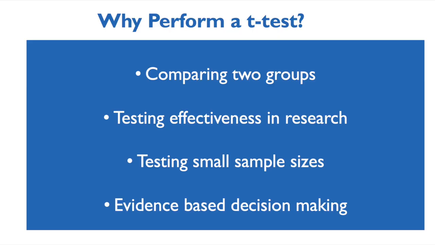And then the next one is evidence based decision making. T-tests are effective to make an informed decision. Rather than assumptions or guessing, the t-test offers evidence-based differences to make a decision in that matter.